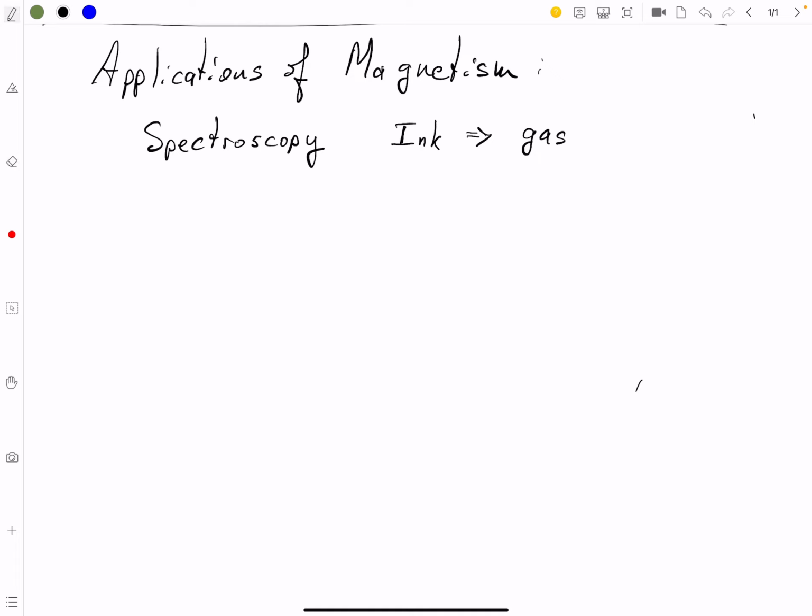I don't know. So you have gas, and then, so here's your gas cloud, and then you ionize it. So you give all the molecules in the gas a positive charge, and then you make a B field.